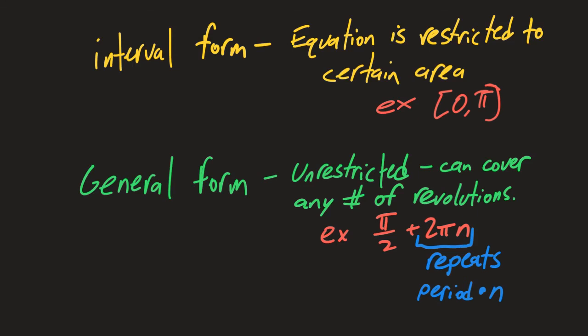And guys, those two come up based on what the question asks you. So if you have a question that doesn't mention an interval, you know that you're just going to write your answer as a general form, and you have to acknowledge the fact that it repeats. And if it does come in an interval form, you know that you are only going to give your exact solutions that are within that zone.